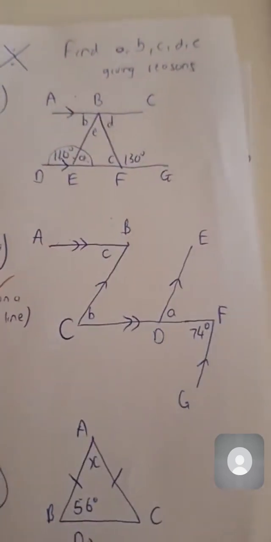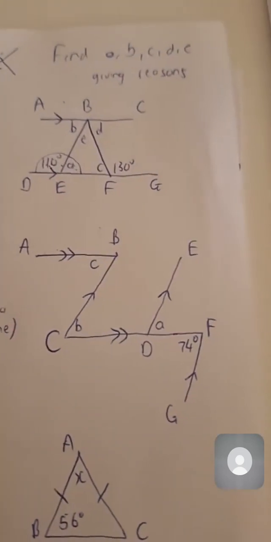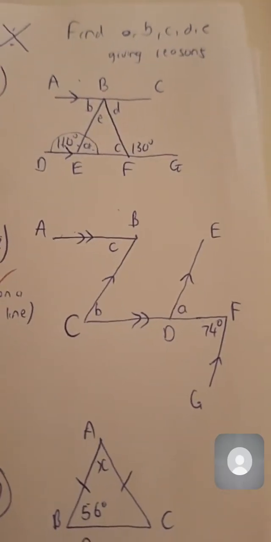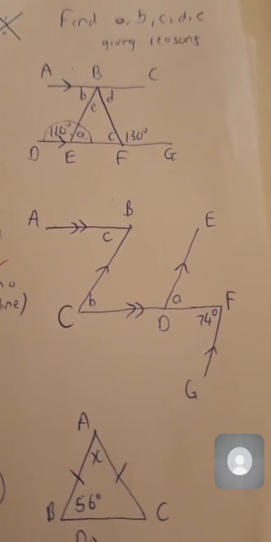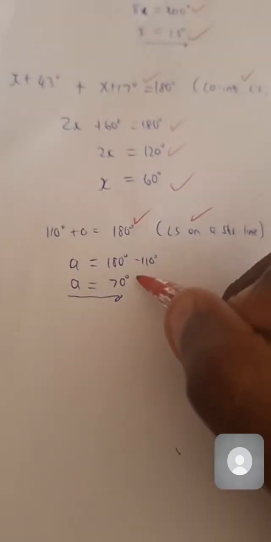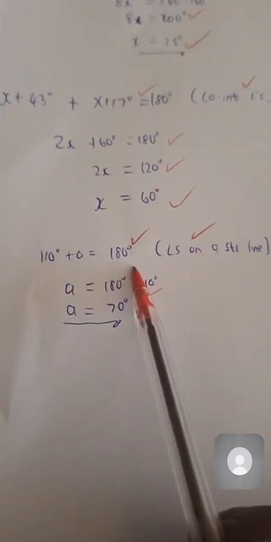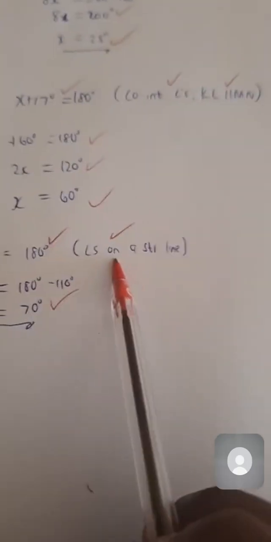Then I got the answer as 70 degrees. Okay, beautiful. A is 70 degrees. So people, I'm writing down what Flower Girl is writing down. That was her statement.